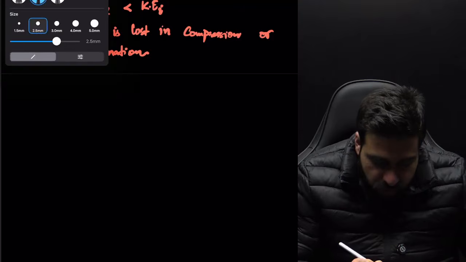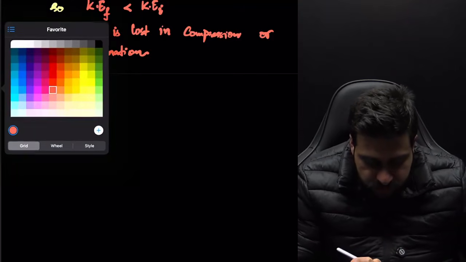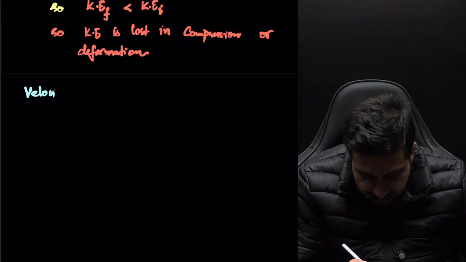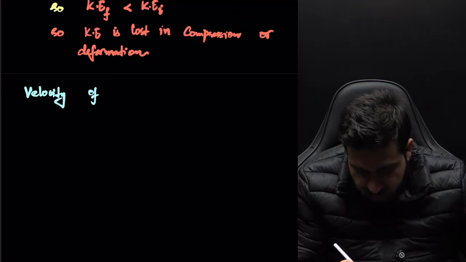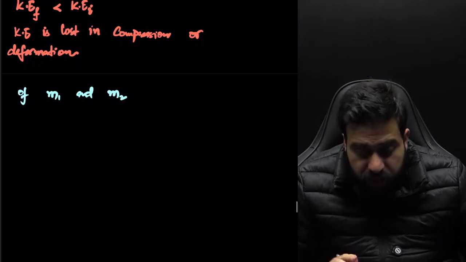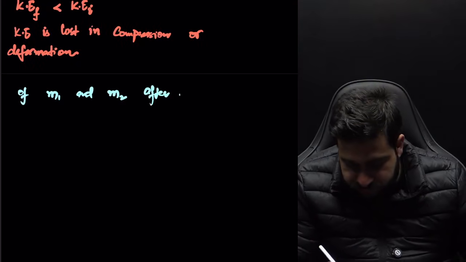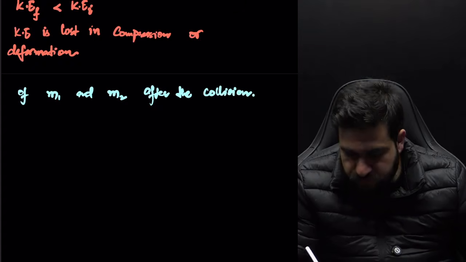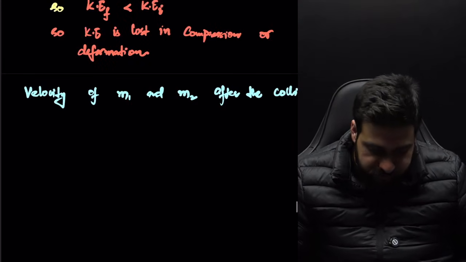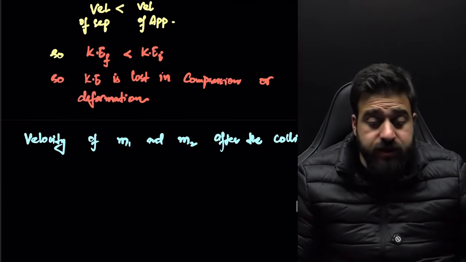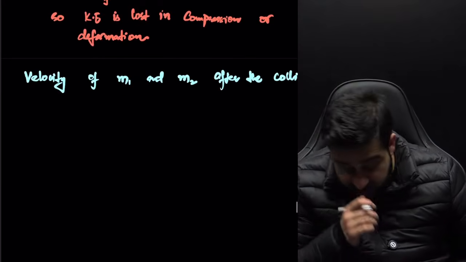And velocities of two objects after the collision. I would write velocity of m1 and m2 after the collision, in inelastic collision.